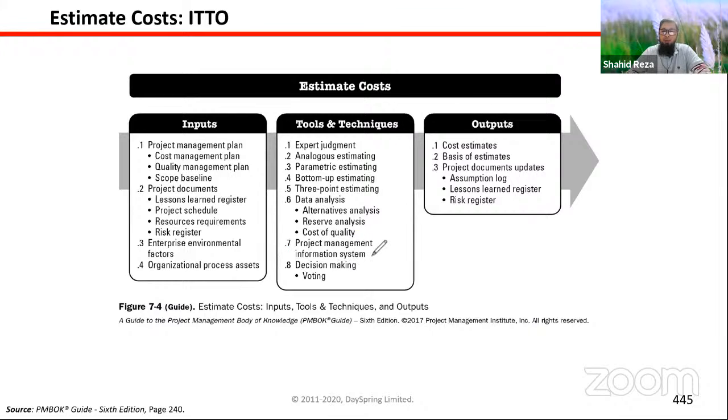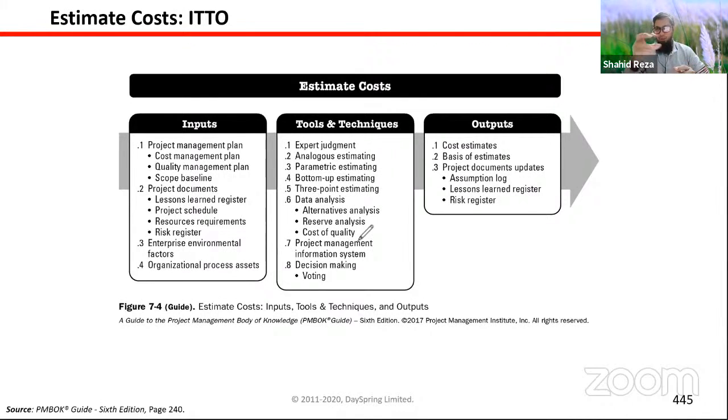Now, if you use any software, project management information systems, say Excel or anything, generally when you do budgeting or costing, nowadays you use Excel. Or if you use any other software, you can use that. In Microsoft Project or Primavera, budgeting is very easy.